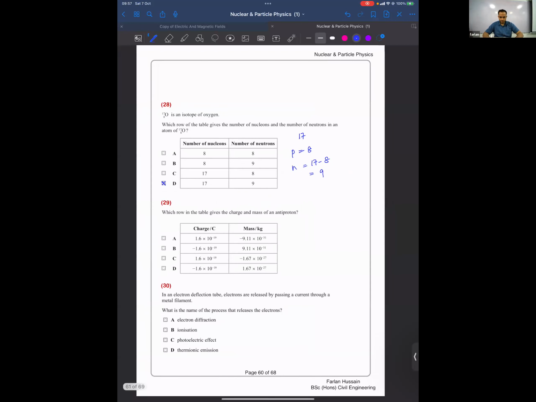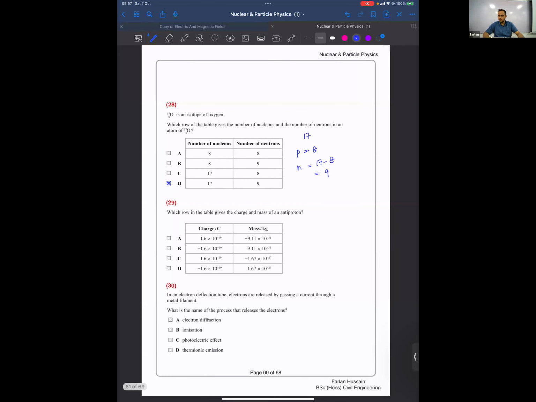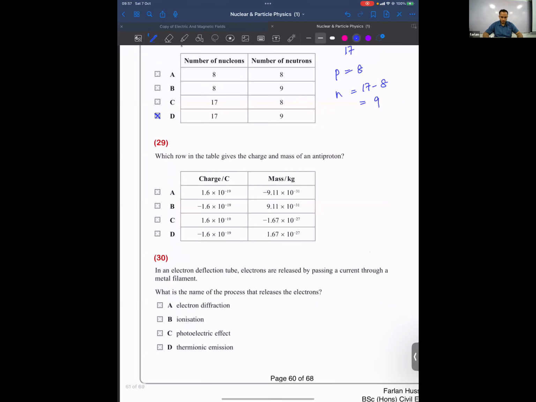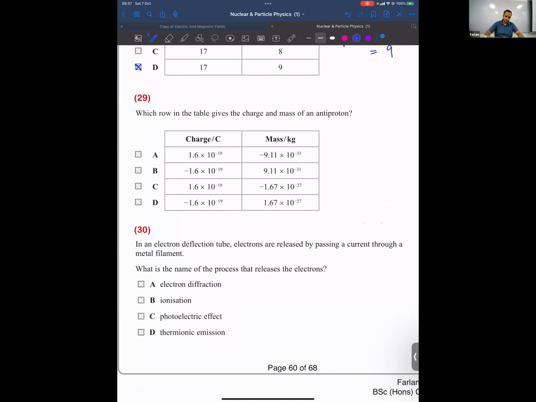30th one. Question 30. In an electron deflection tube, electrons are released by passing a current through a metal filament.